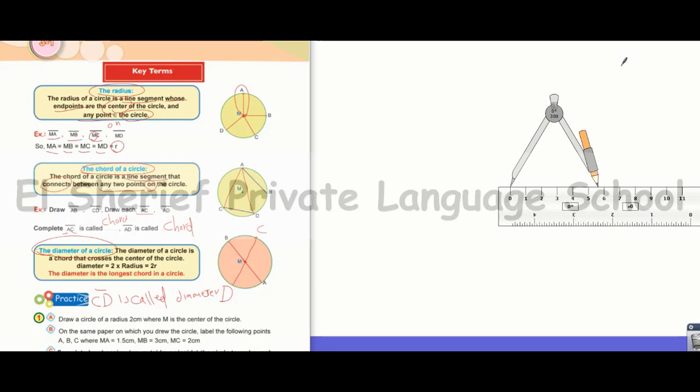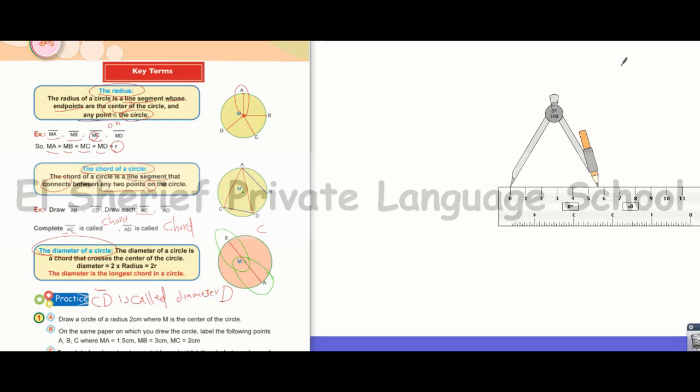And the diameter equals what? We notice that point M is in the middle. So line segment AB equals what? Equals MB plus MA. MB is a radius and MA is a radius.